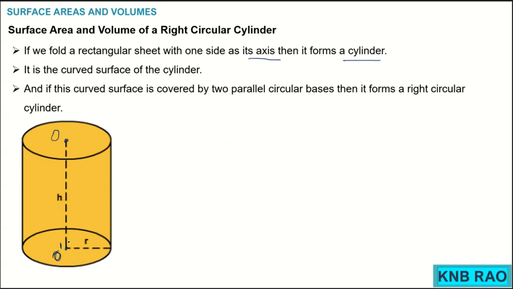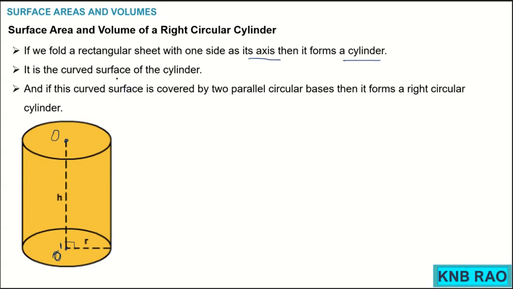And here the angle between the axis and any radius drawn either in the bottom or in the top will be a right angle. That is the reason we call this a right circular cylinder.